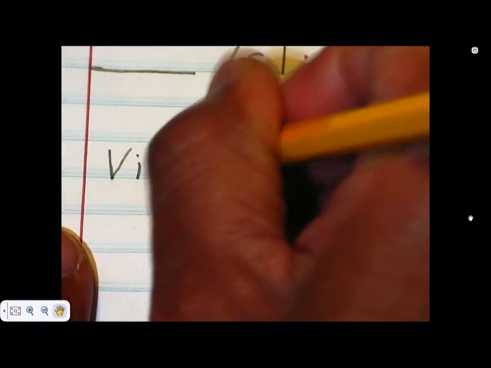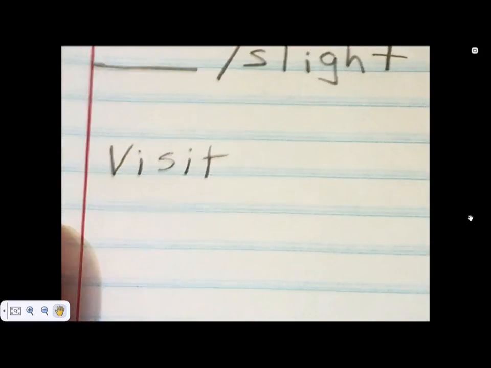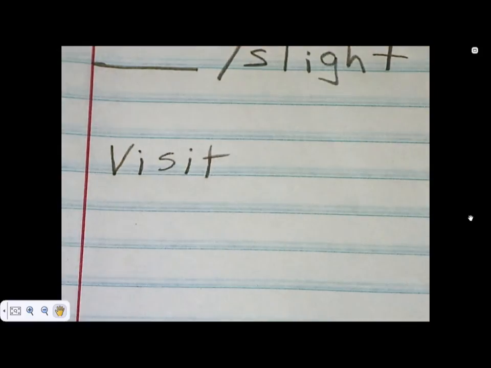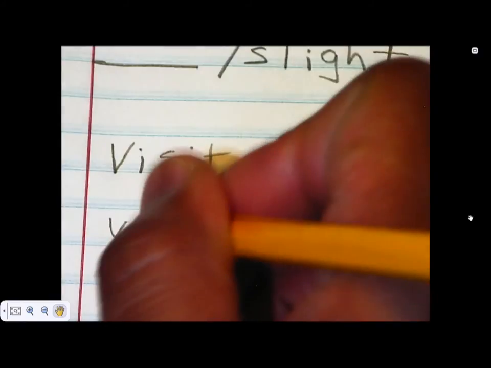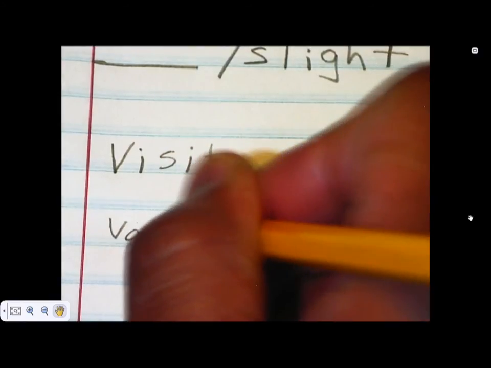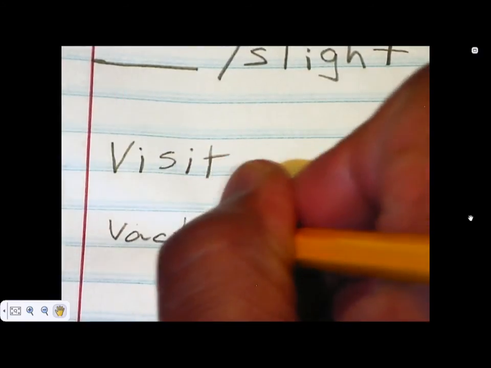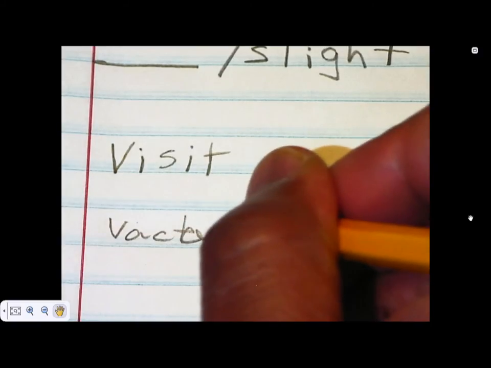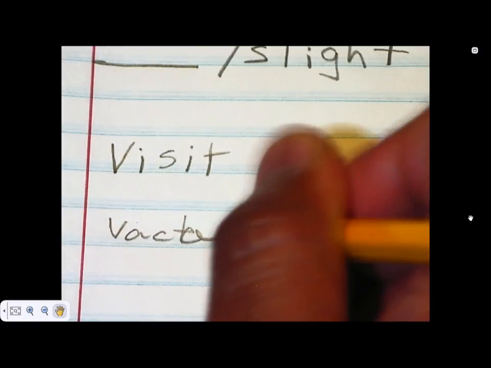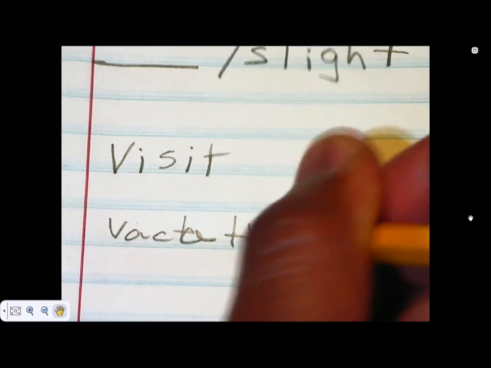One of the words is visit, and that's visit. The next word is vacation.